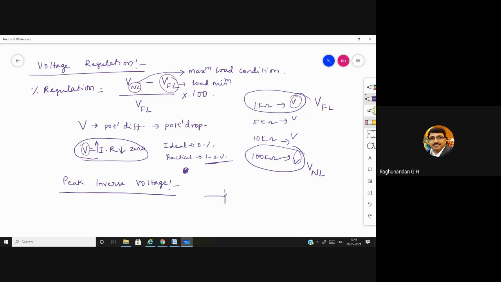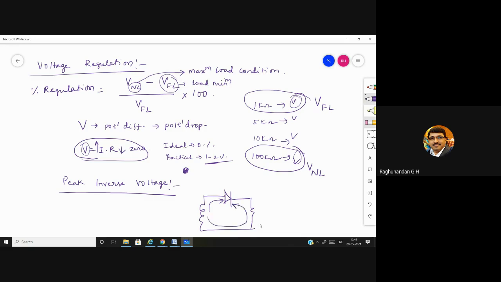See, when the diode is reverse biased, we connect like this, at the secondary part only. During forward bias condition, the current will flow like this. During reverse bias condition, current will flow like this.